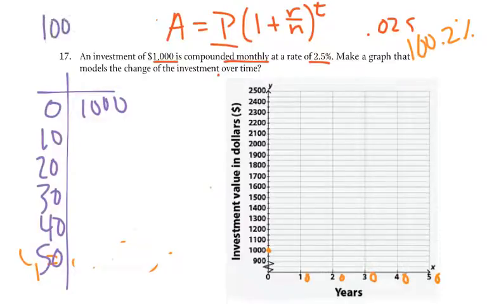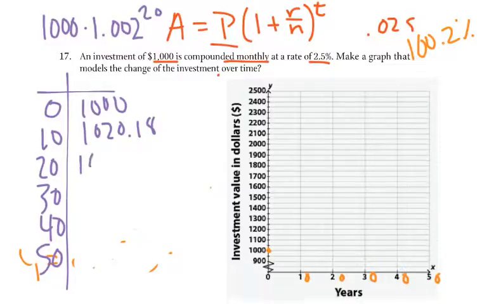We'd go 1,000 times 1.002 to the 10th. That would give us 1,020.18. Then if we use that same equation and do it for 20, so replace 10 with 20, that would give us 1,040.77.